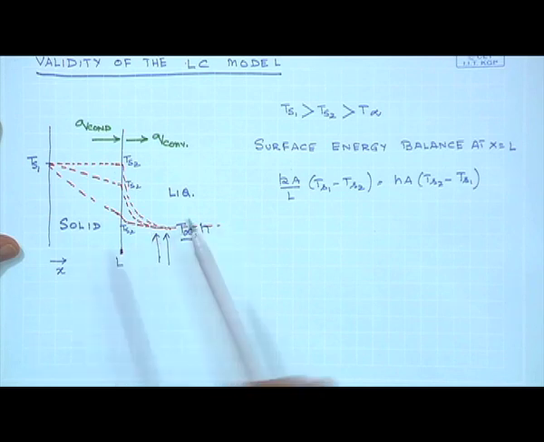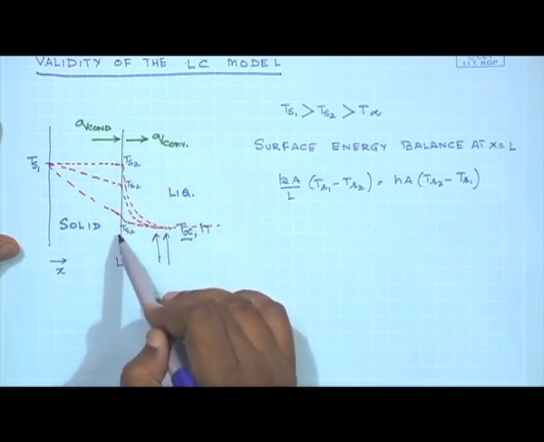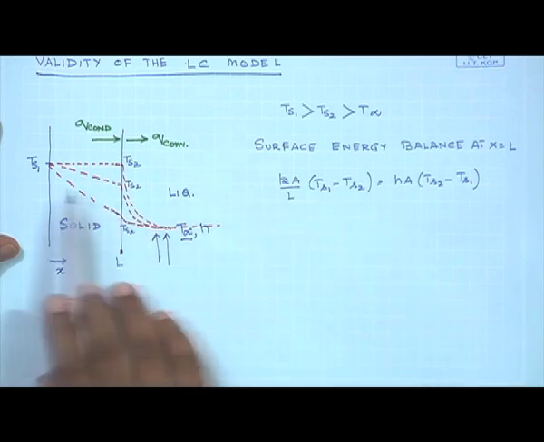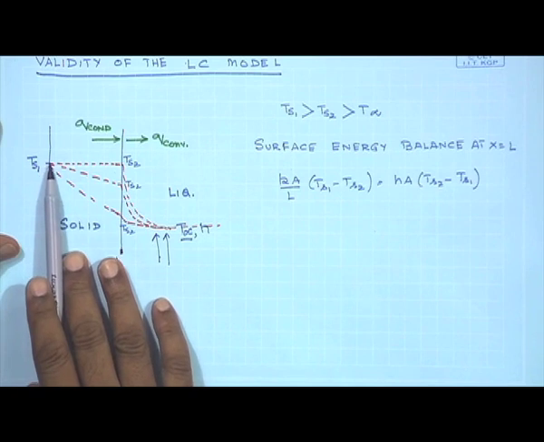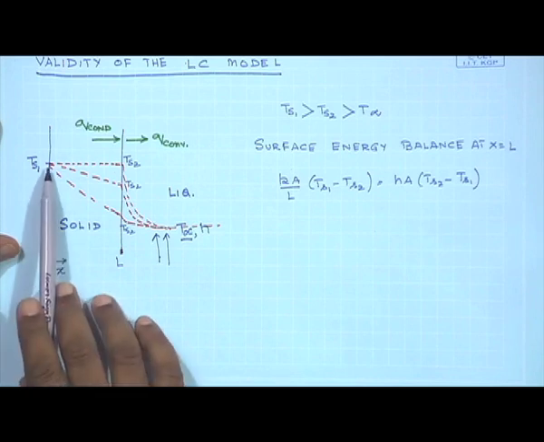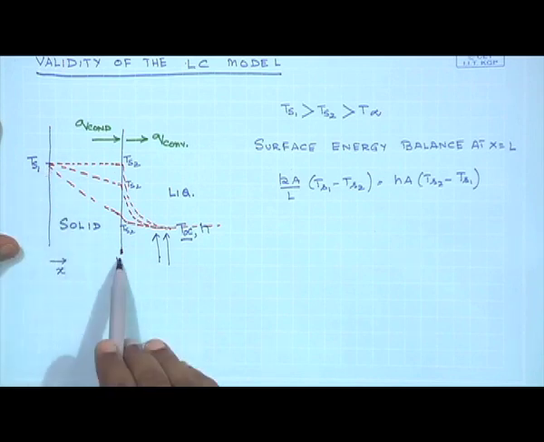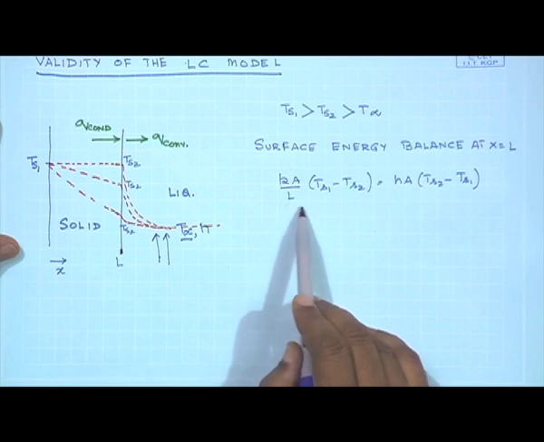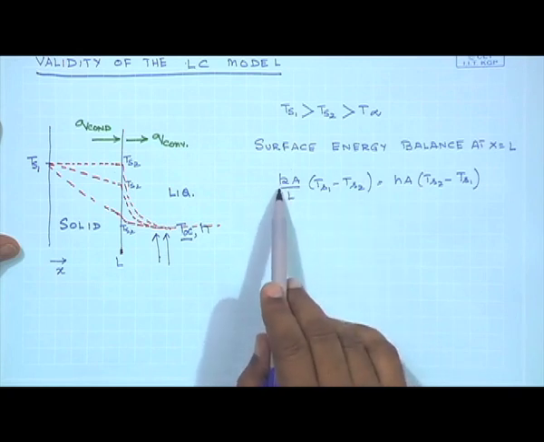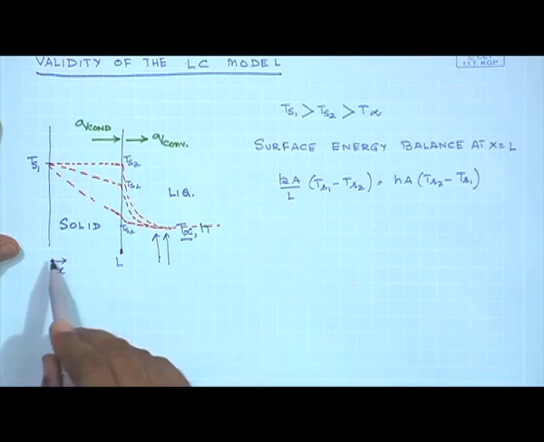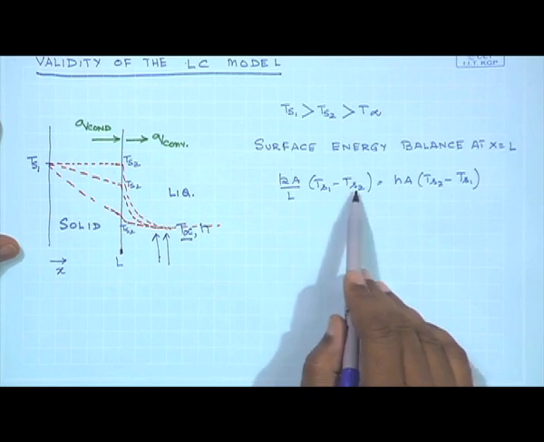So, of course, the heat is going to flow from x equals 0 to x equals L, and then by convection to beyond. So, if I do the surface energy balance at x equals L, what I can say is that at steady state, the amount of heat which comes from the location x equals 0 at a temperature Ts1 to a location x equals L, at a temperature of Ts2, in the conductive flow of heat would simply be k times A, where A is the cross sectional area, L is the distance between these two, times Ts1 minus Ts2.